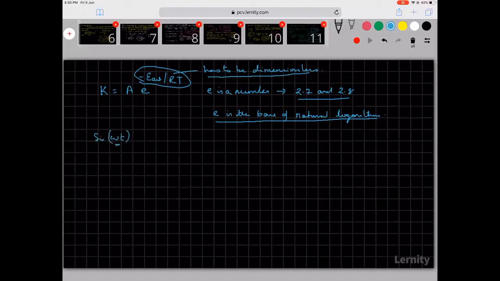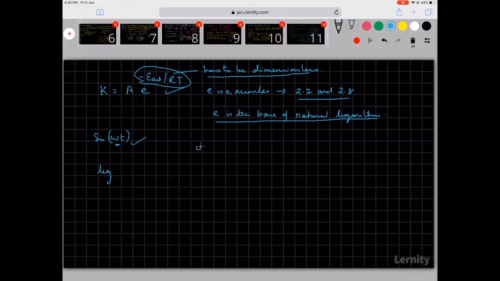Same way even for exponents and logarithms. Any quantity on which you do an operation will have no dimensions. So when you're doing this kind of operation, exponent, sine and all, it will have no dimensions.